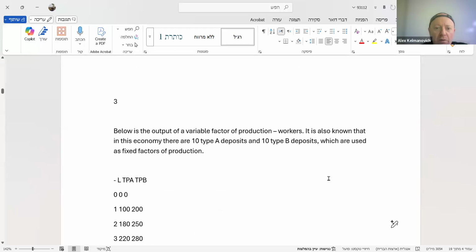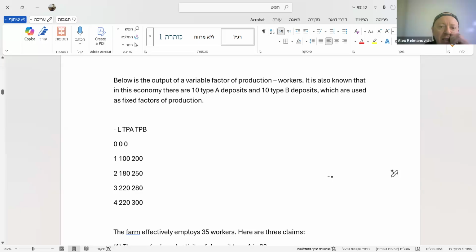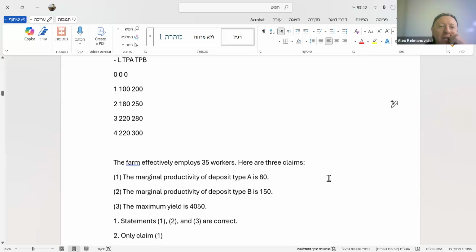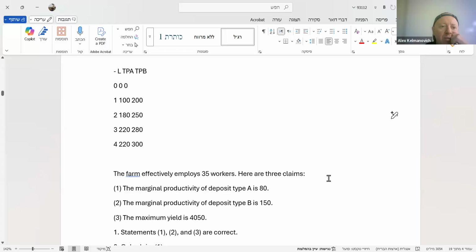We have again 10 type A, 10 type B, and we'll begin as usual from calculating the marginal product.